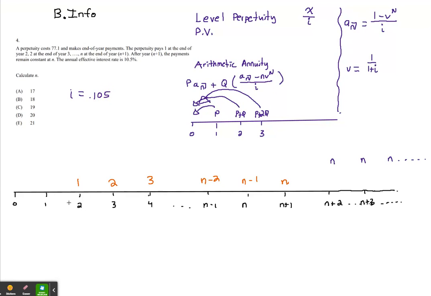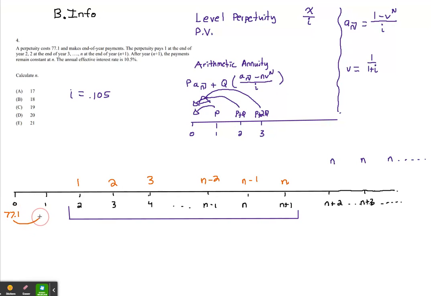Now, notice how we can group it into an arithmetic annuity right here. So let's deal with that first. It says it costs 77.1, so this goes right here.